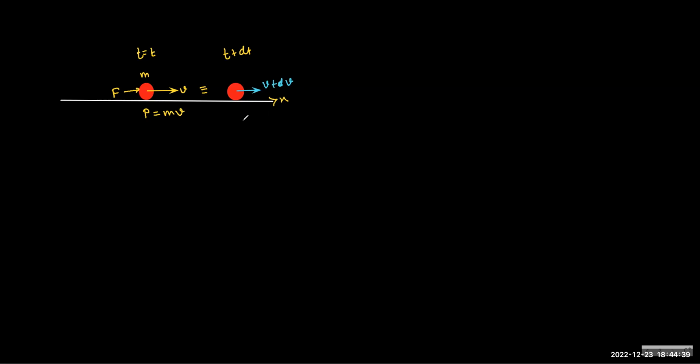So you can also say that the momentum will change from p to p plus dp. Understood what I'm saying? The momentum at t equals t is p, but dt afterwards, the momentum becomes p plus dp. So what Newton is saying is that the force which you have applied at this instant, in one dimension, is the change of momentum upon change of time, but these changes are elementary changes. So this is the instantaneous force.